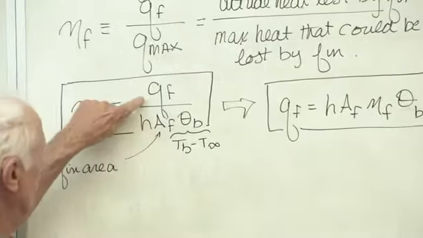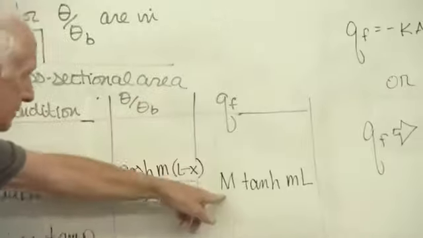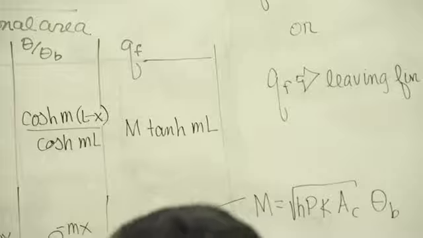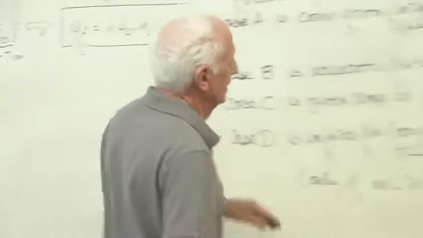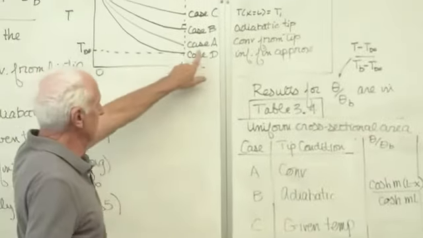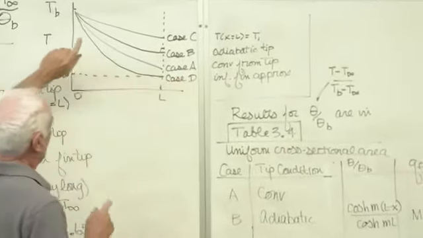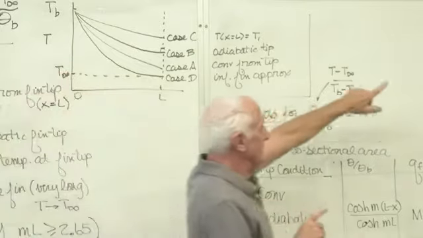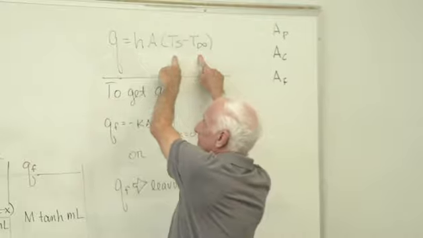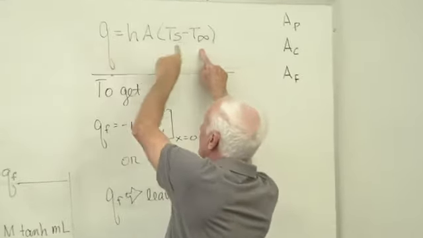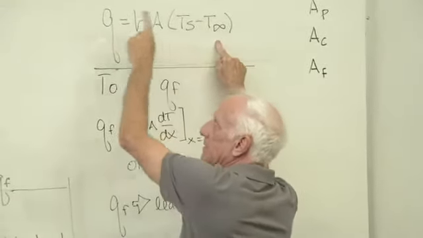So what's this numerator, QF? QF is that divided by that. So what is the denominator? Look at what happens in a fin. Let's take case A, the most popular case, convection from the tip. Look at this law. The bigger T_s minus T infinity, the more heat transfer.